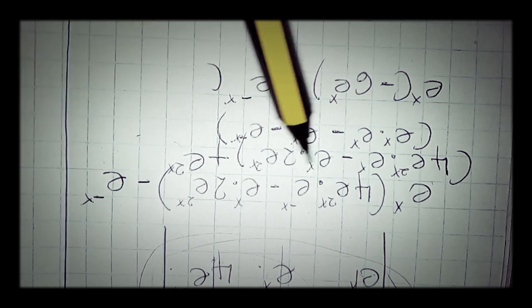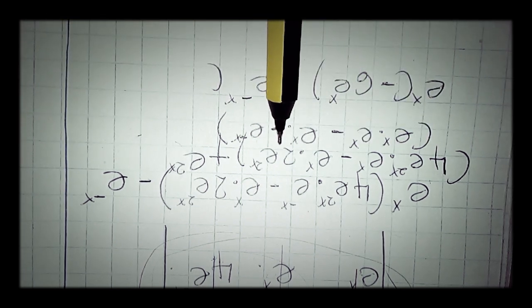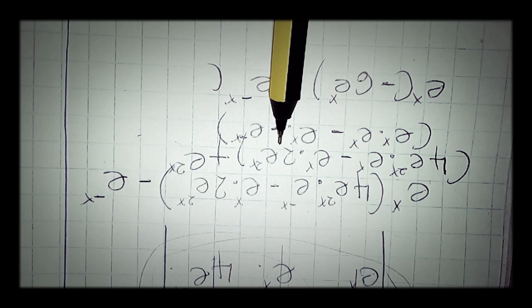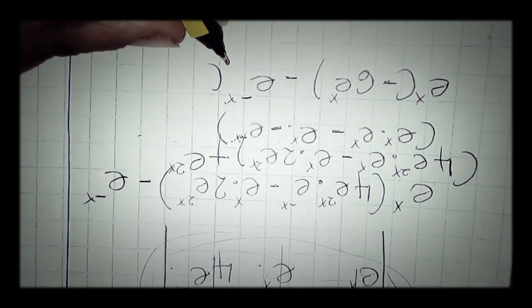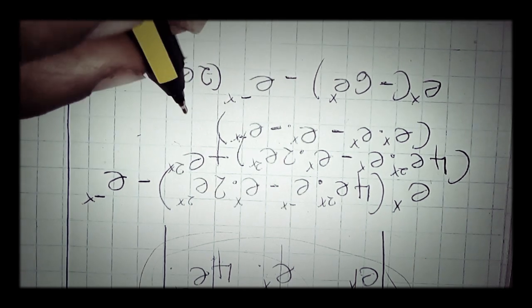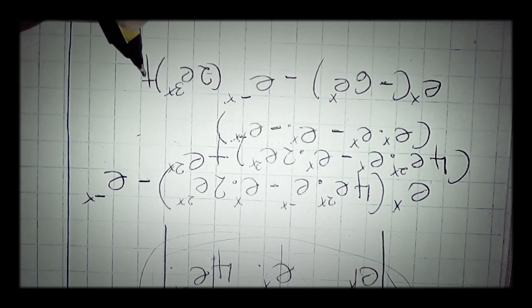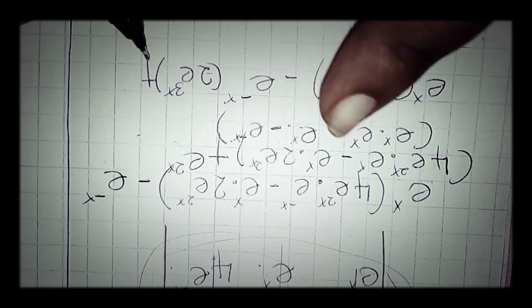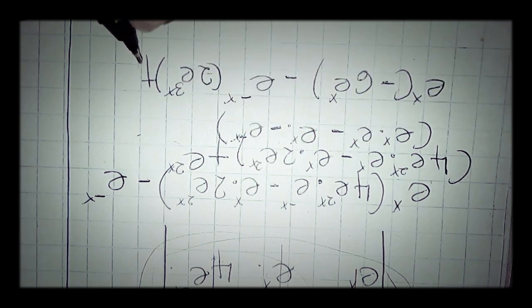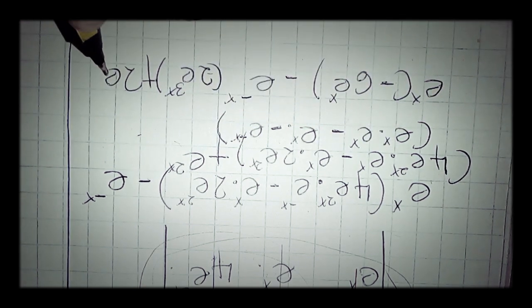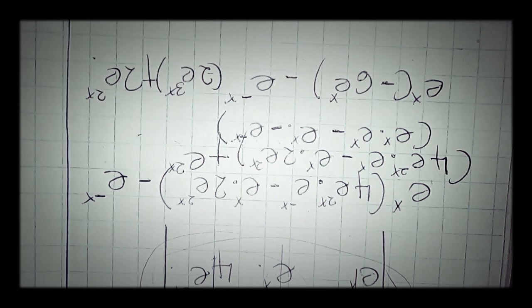If we simplify this, we will get 2e^(3x). Then the last one will be plus. If we simplify this, we get 2e^(2x).